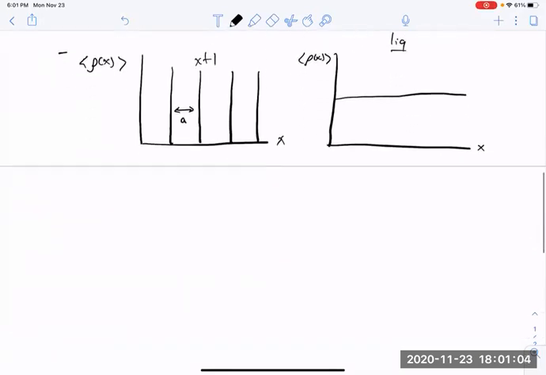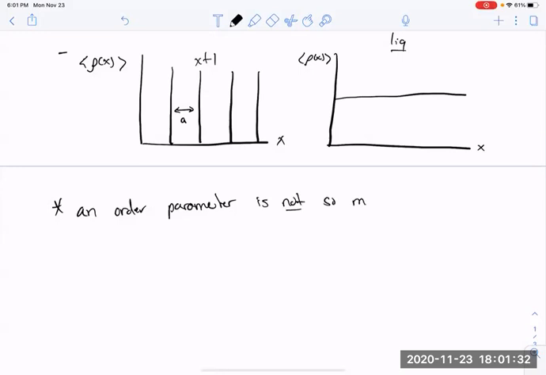So a reasonable order parameter for a liquid-crystal transition is not so much the average number density in a whole box, but rather how the particles are arranged in space.